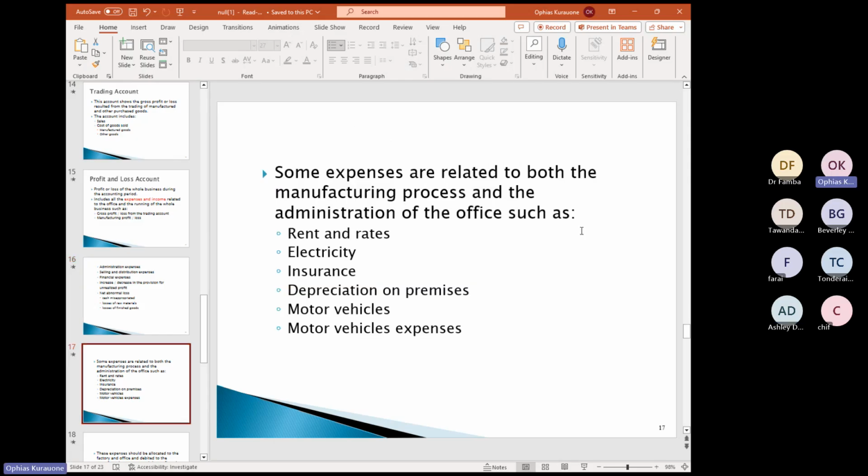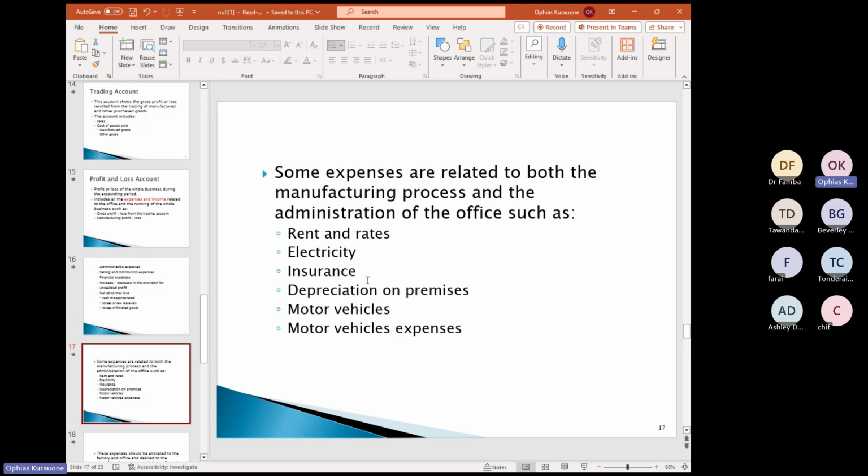Some expenses are related to both the manufacturing process and the administration of the office, such as rent and rates, electricity, insurance, depreciation on premises, motor vehicles, and motor vehicle expenses.